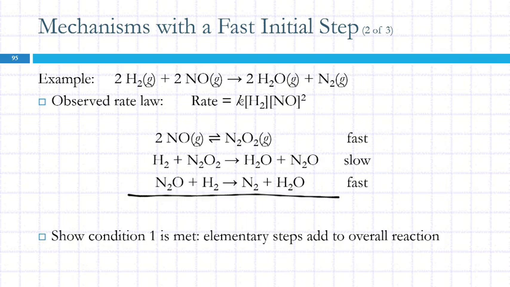Again, we want to look and see if there's things that are equal on both sides. They have to be on opposite sides of the arrows. So N2O2 gets made in the first step and consumed in the second step. N2O gets made in the second step, consumed in the third step.